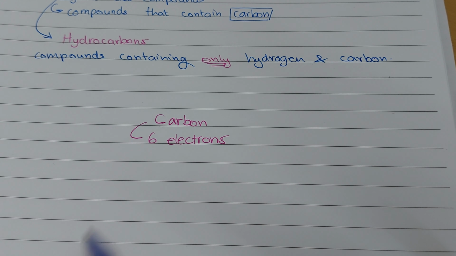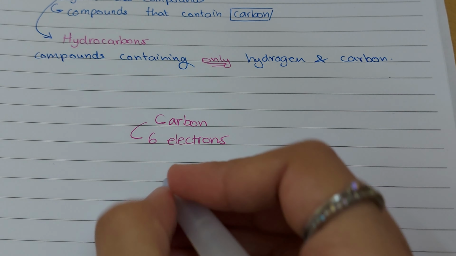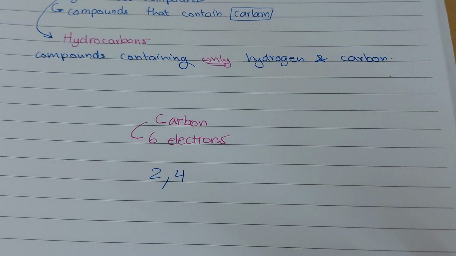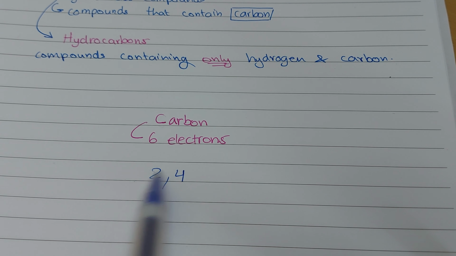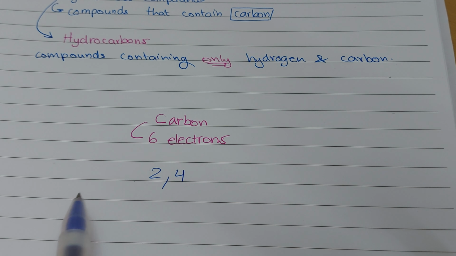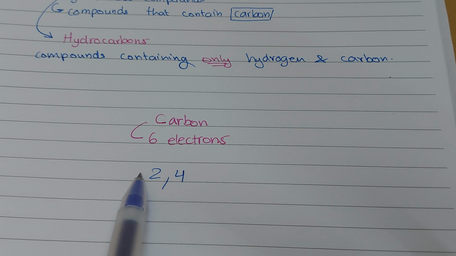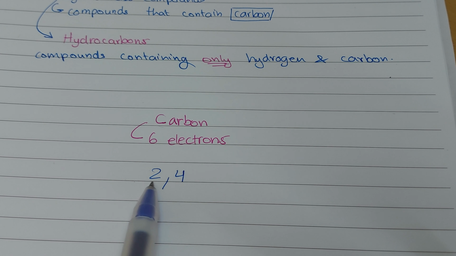So a carbon atom contains 6 electrons in total, and when we write the electronic configuration of carbon, it's written 2,4, since the first shell can contain a maximum of 2 electrons, and so the rest of the electrons will be in the second shell. And we know that any atom that has not completed its valence shell is very reactive, and it will try to react with other atoms to complete its valence shell.